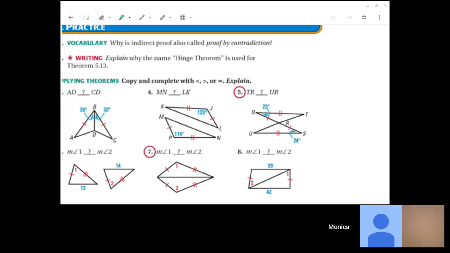So UR is going to be the bigger side because we see TR is across from the smaller angle. So does that mean TR is less than, greater than, or equal to UR? Yep, that's right. It's less than.